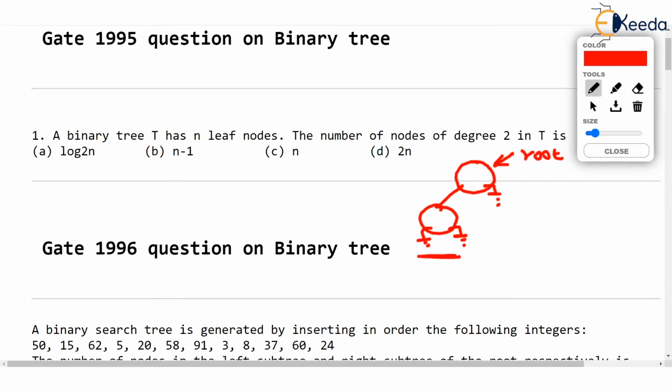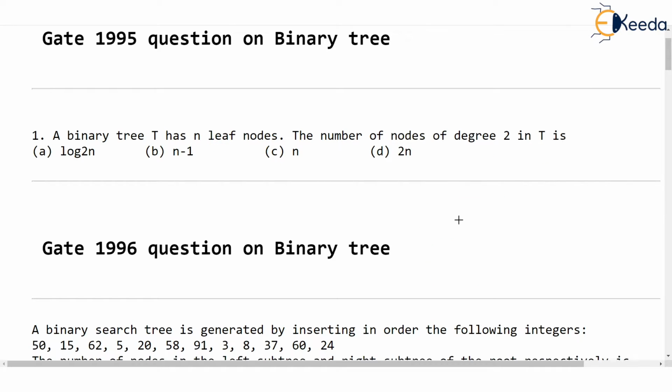The total number of nodes is 2, but the number of leaves is 1. Then how many nodes have degree 2, that is, two children? We again have 0. Note that the root has only one child, the left child, and no right child.